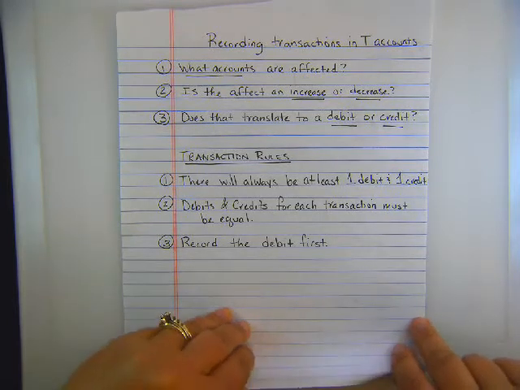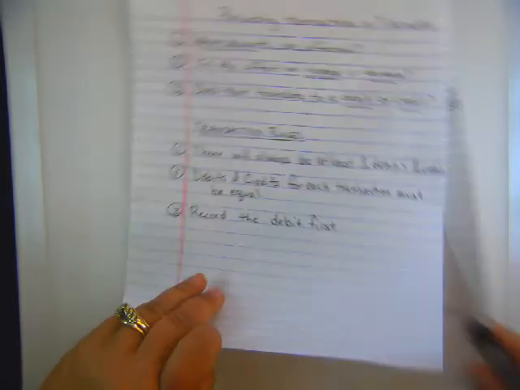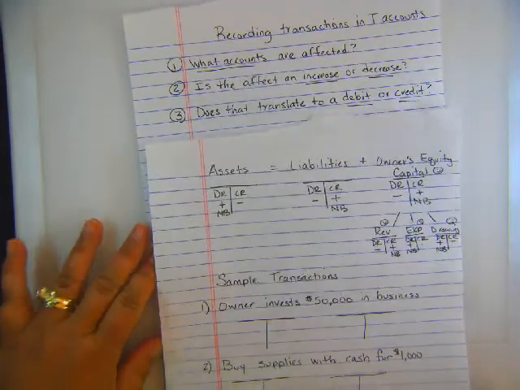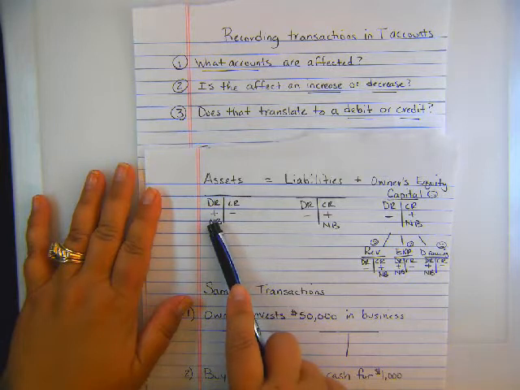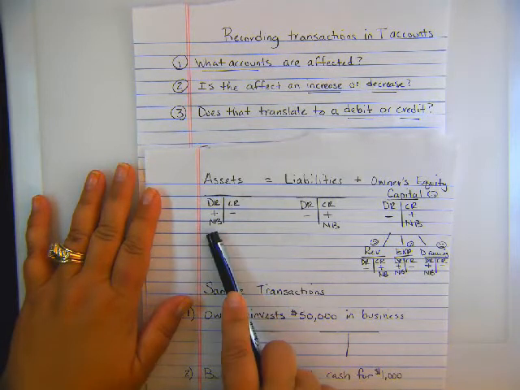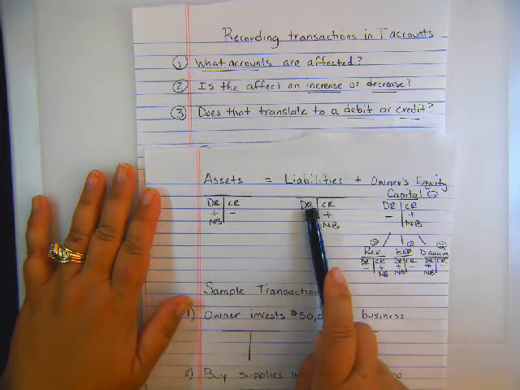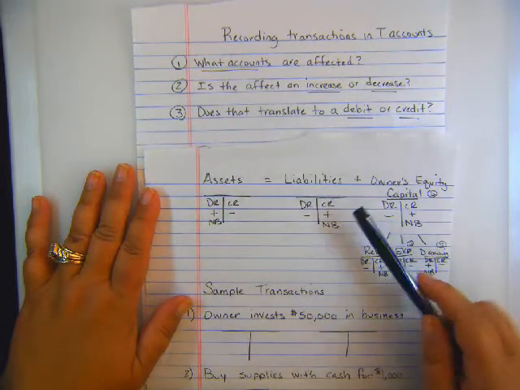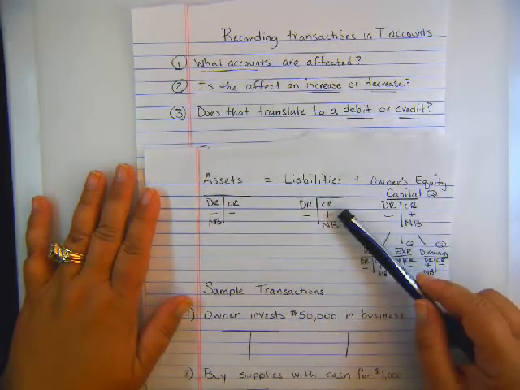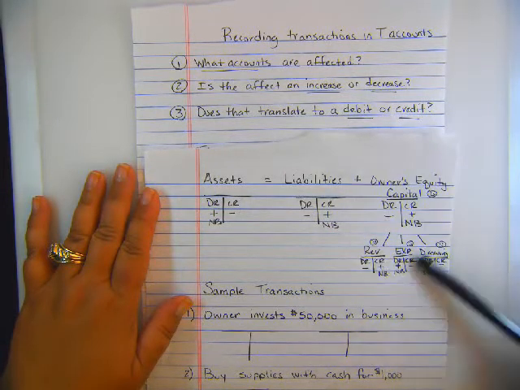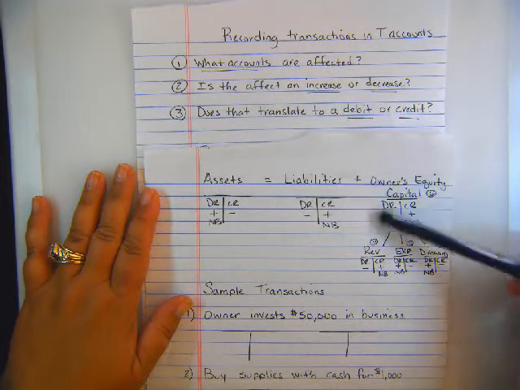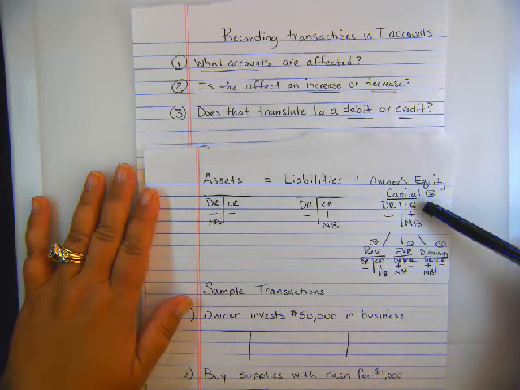Okay, so we have our examples here of what the T accounts look like and how they function. Assets increase with a debit, decrease with a credit, and have a normal balance on the debit side. Liabilities are on the right-hand side of the equation. They increase with a credit, and they have a normal balance on the credit side. Now, owner's equity, our parent account here, is capital.